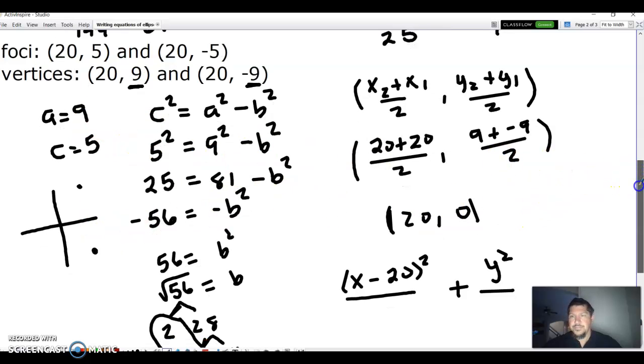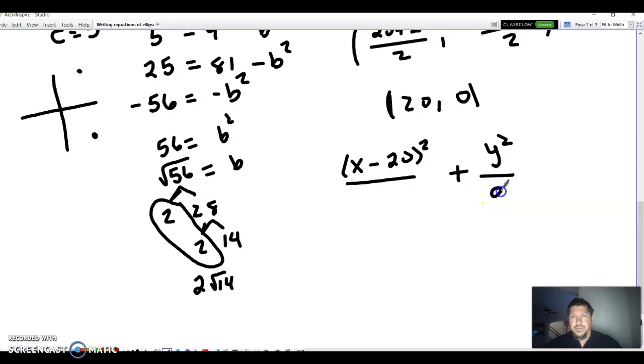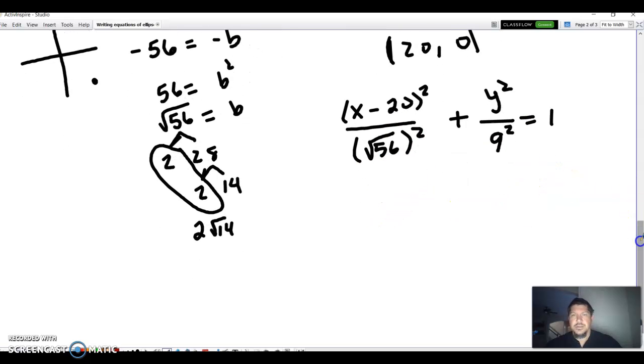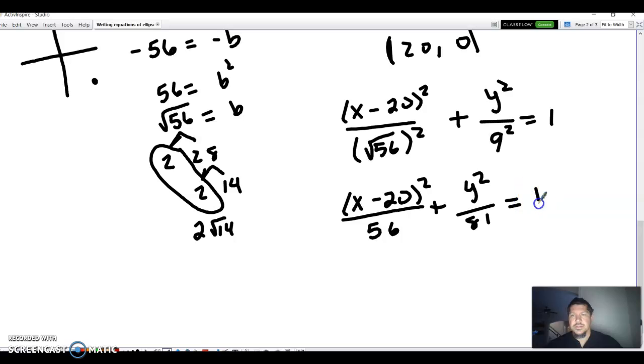So this is 9 squared, and this is really the square root of 56 squared equals 1. So this is going to be x minus 20 squared over 56 plus y squared over 81 equals 1.